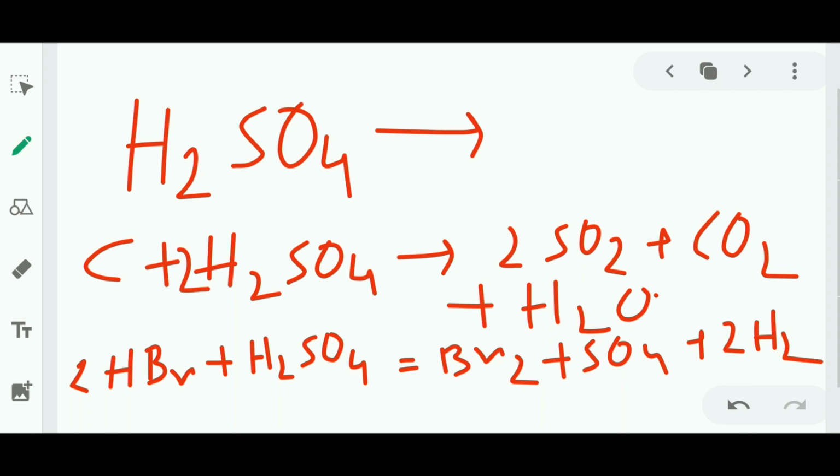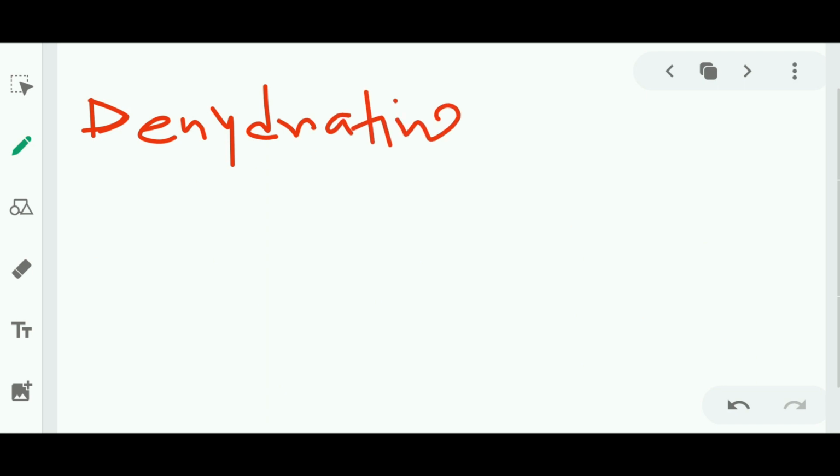Dehydrating property of concentrated H2SO4. Do you know what is the meaning of dehydrating? Dehydration means removal of water.